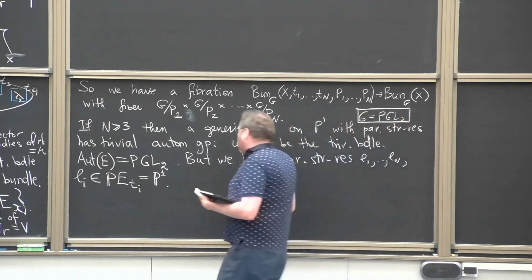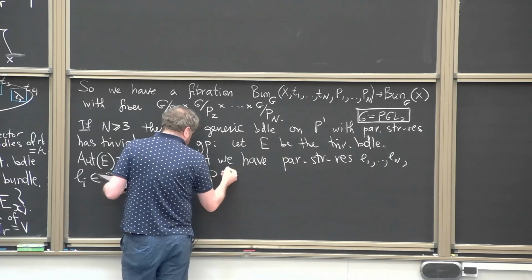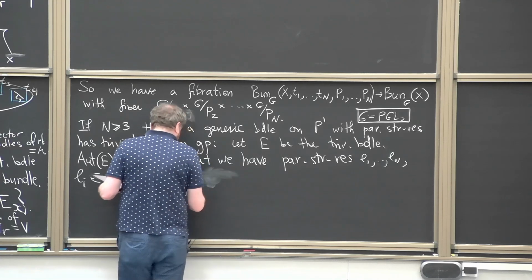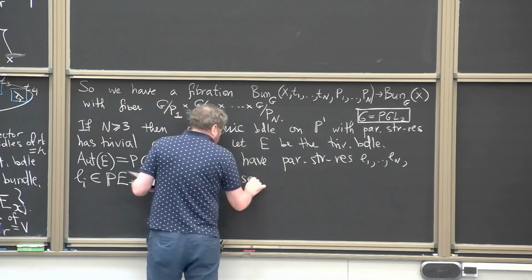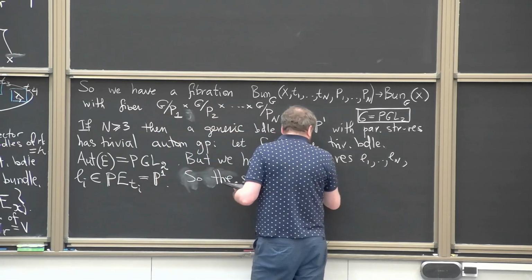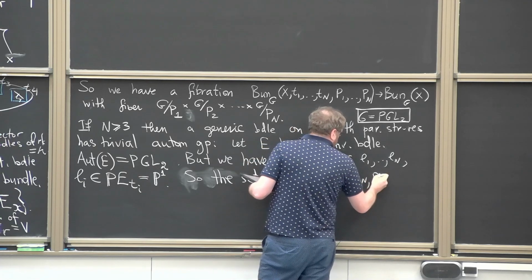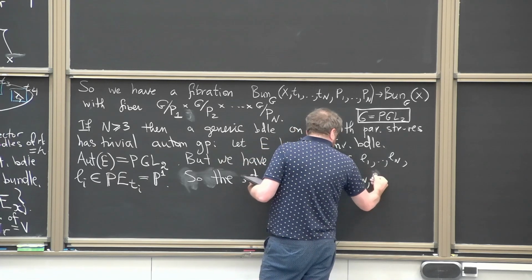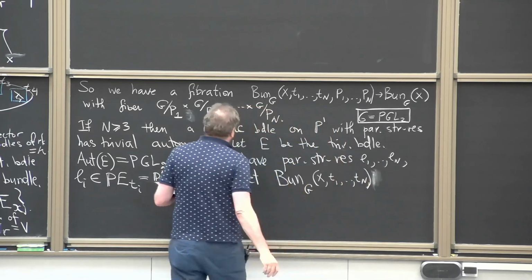Okay. So we get an action. So PGL2. So the set Bun G of X, T1, Tn, P1. So let's say when I have a Borel subgroup, I'm not going to write my P's.